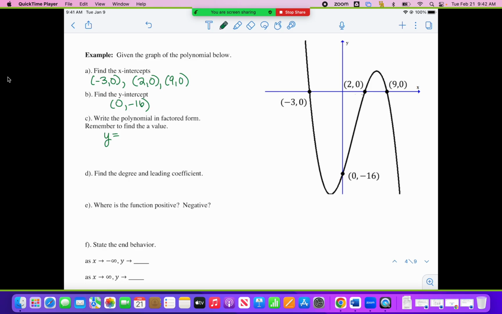That means it's an odd. And I don't see any bounce-offs, so this is going to be cubic. I'm going to go y equals a, and I'm going to have x plus 3, x minus 2, x minus 9. And then you're going to use (0, -16) to find the a value.